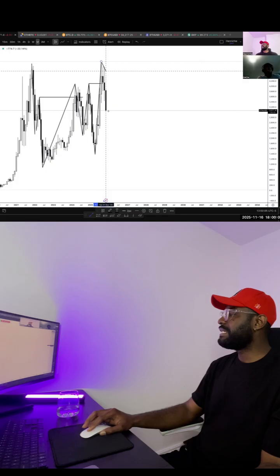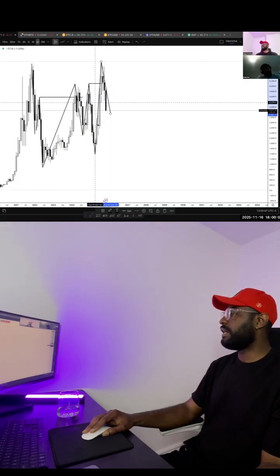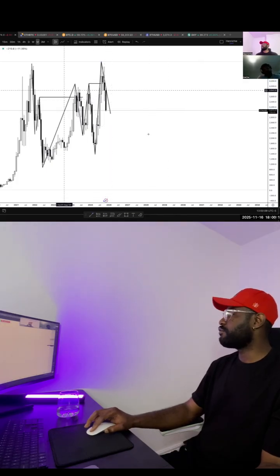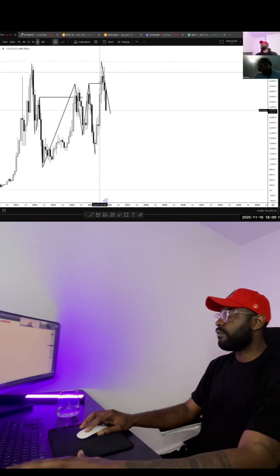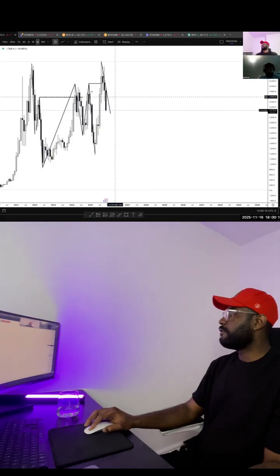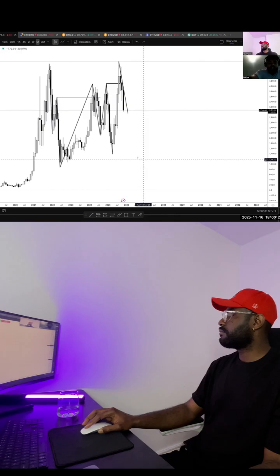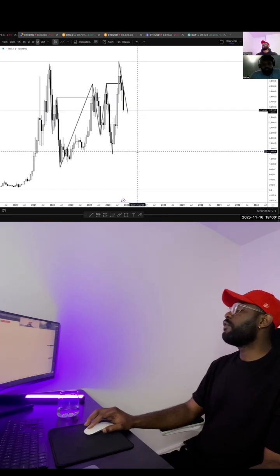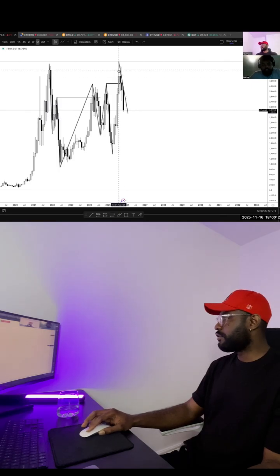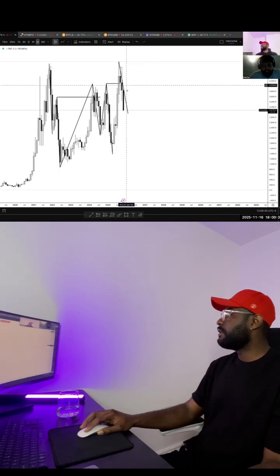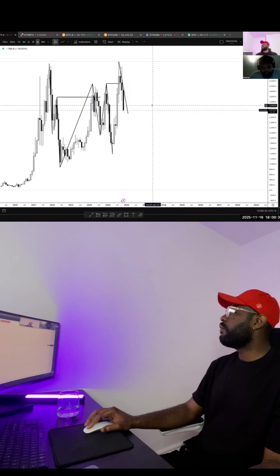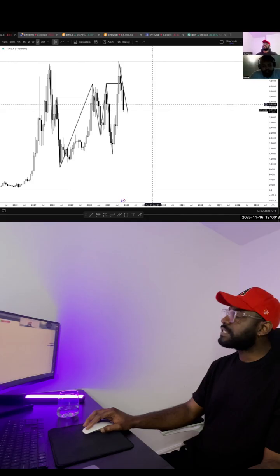So price coming down here, what are we looking for? Price to come into an area for us to look for buys. So now price has broken structure here, right? Coming down to the test. Now we're looking for buys. We're looking for buys from what kind of area?